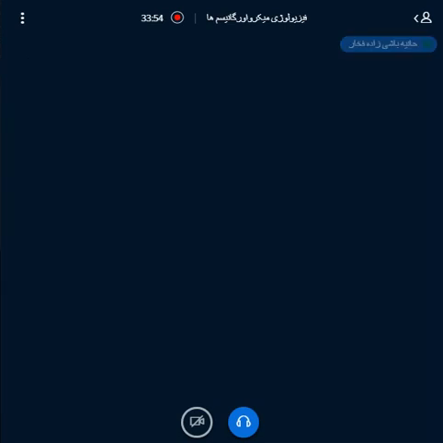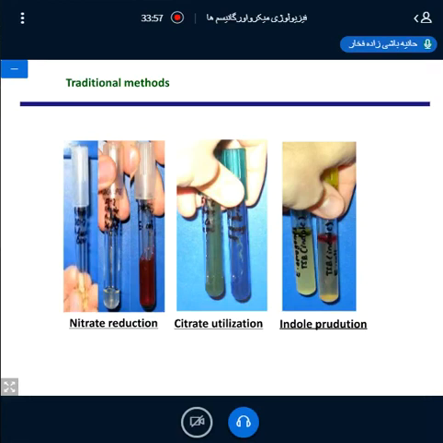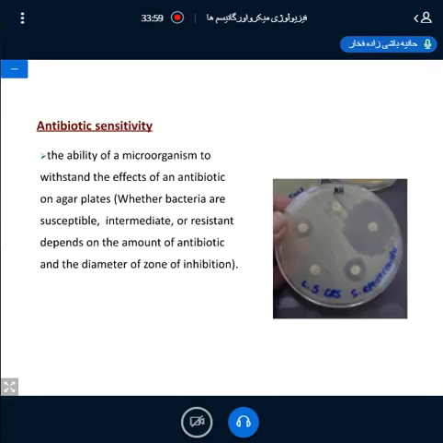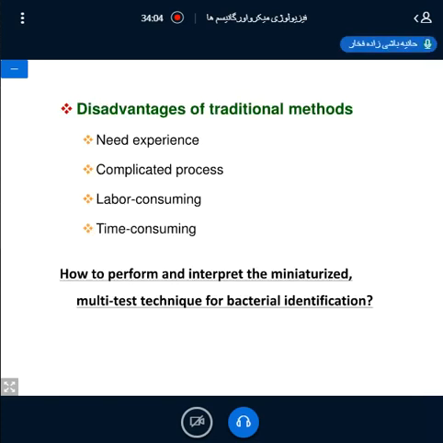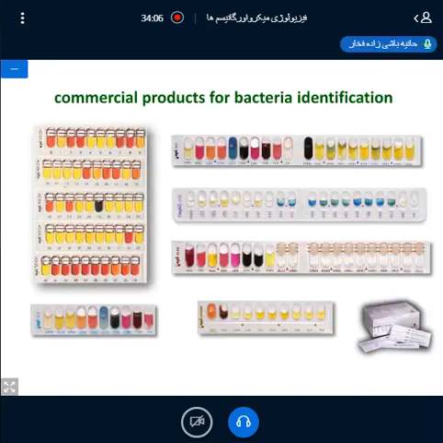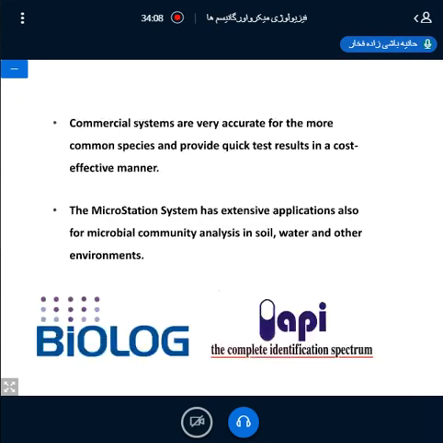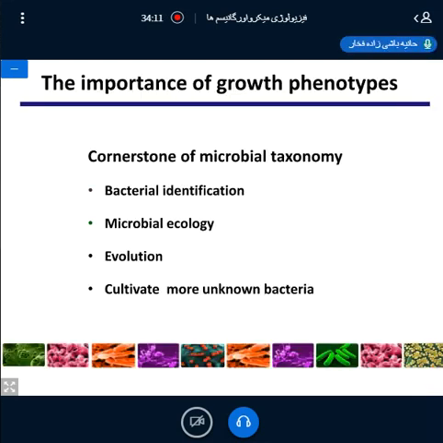It means from slide 21, don't study until 32. Don't study. Do you understand?